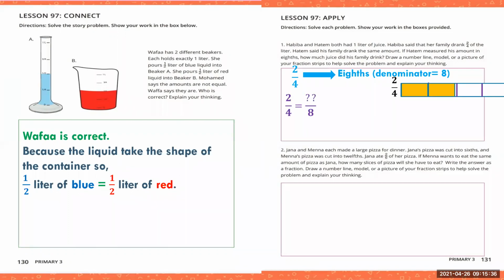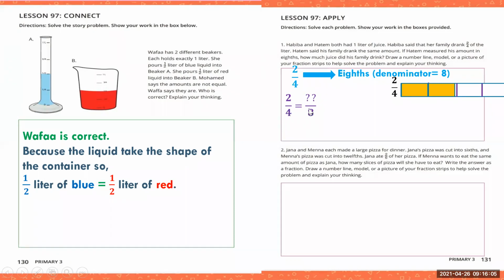Now let's find Hatem's family amount. Here, the 4 became 8. It increased. We multiplied by 2. So I multiplied by 2 in denominators, so I will multiply by 2 in numerators.